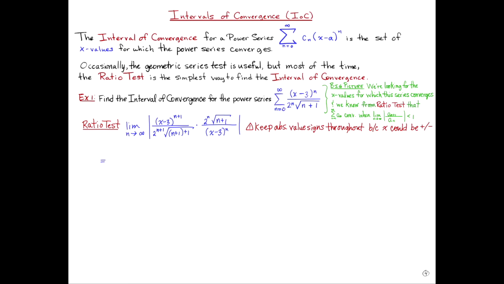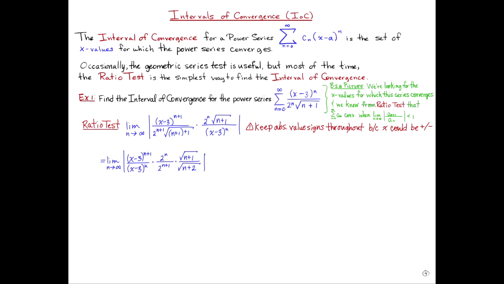This is equal to the limit as n approaches infinity of the absolute value of x minus 3 raised to the n plus 1 over x minus 3 to the n times 2 to the n over 2 to the n plus 1 times the square root of n plus 1 over the square root of n plus 1, which is n plus 2.